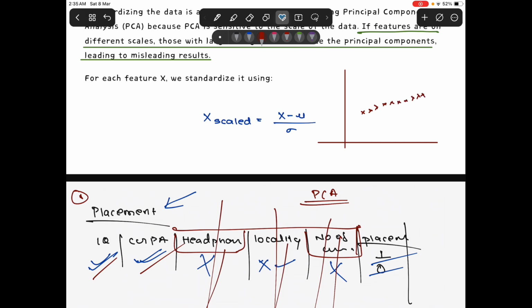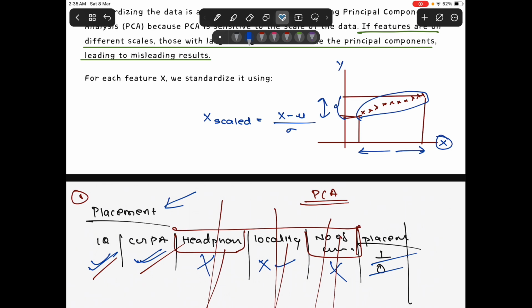This is one of the attributes I have plotted. I have made a projection of these data points on both axes. This one is the y-axis, this one is the x-axis. As you can see, the variance of these data points on the y-axis is very small compared to the x-axis.